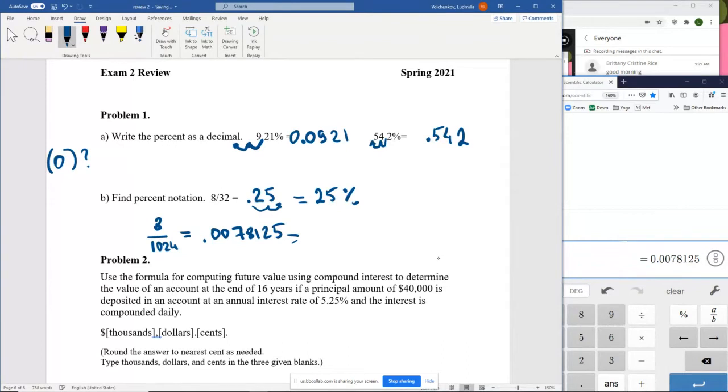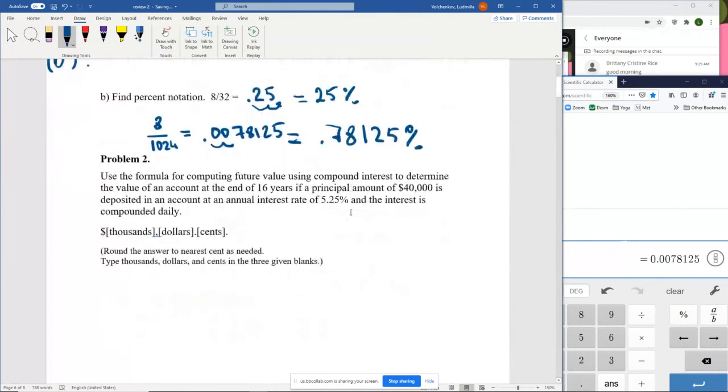You don't have so long, but still there is nothing about rounding, so you don't round here. So you just move the decimal point 2 places to the right, and it is 0.78125%.